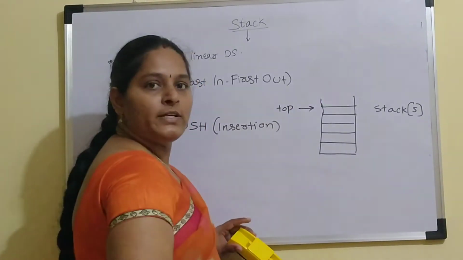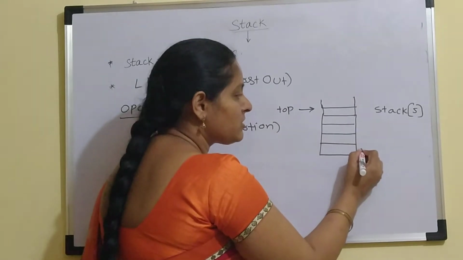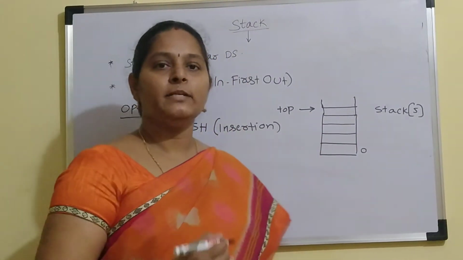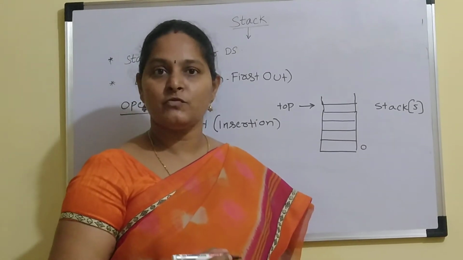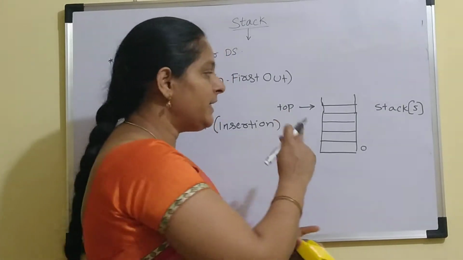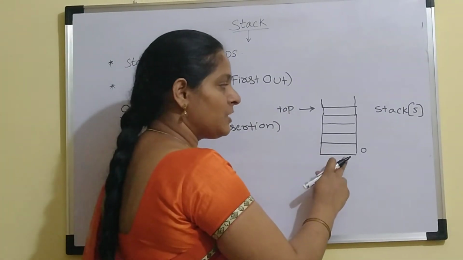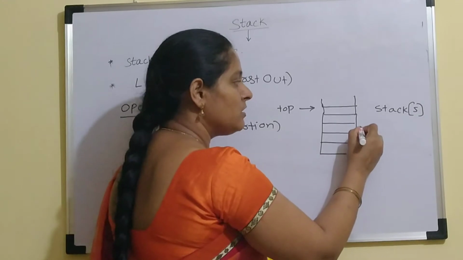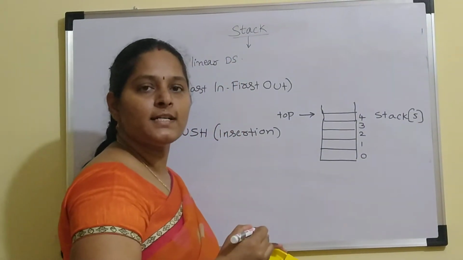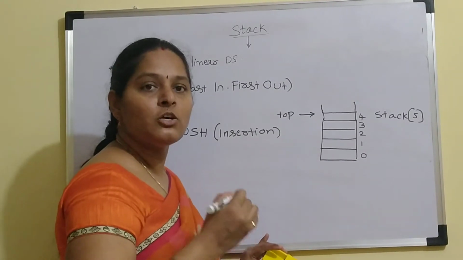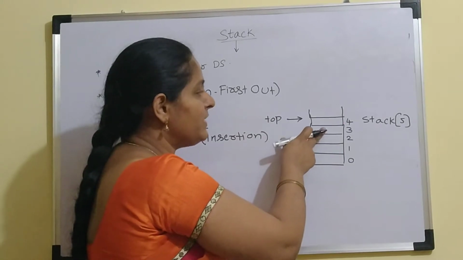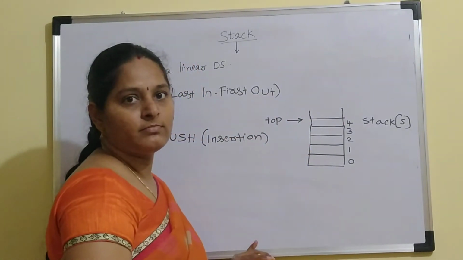Here, this is the first slot in array representation. As we know, in array representation the indexes always start from 0. So if you implement a stack using arrays, the indexes start from 0. So this is the 0th slot, first slot, 2, 3, 4. That means if your stack size is 5, the indexes always go from 0 to 4. So 5 elements we can hold in this stack.